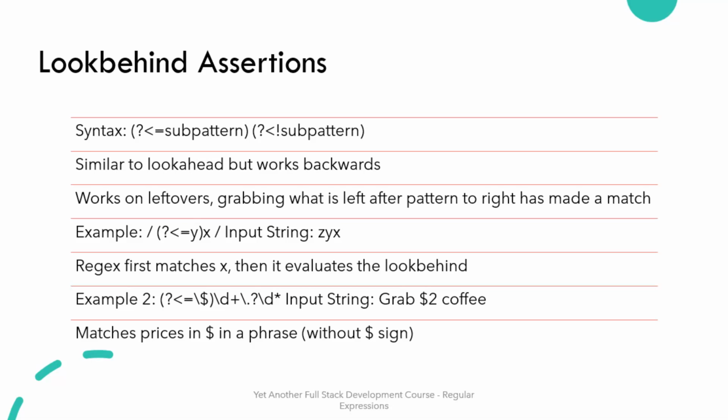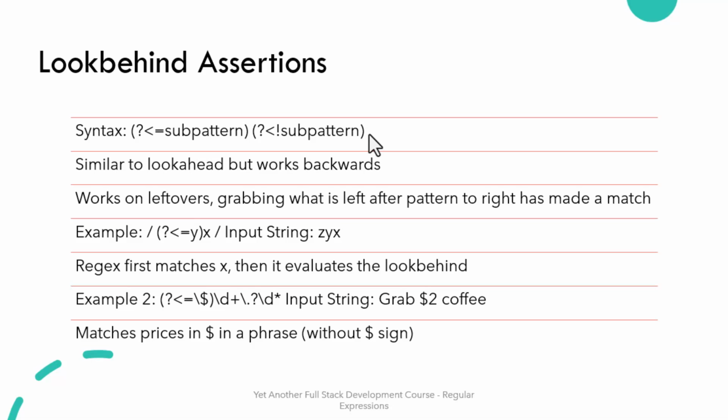Okay, our final topic for this video is look behind assertions, with the syntax being in parentheses question mark left arrow equal to subpattern for positive look behind assertions, and parentheses question mark left arrow exclamation mark subpattern for negative look behind assertions.